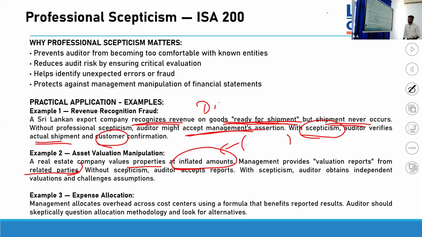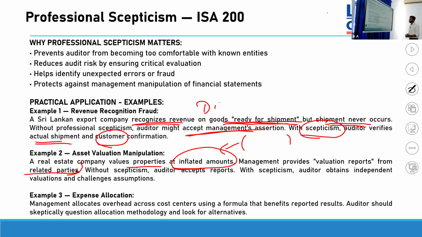As an auditor, if we use professional skepticism, we must evaluate the independence of the valuator. If the valuation report is from a related party, then the independence is not there, and we can't accept that as a valid valuation report.